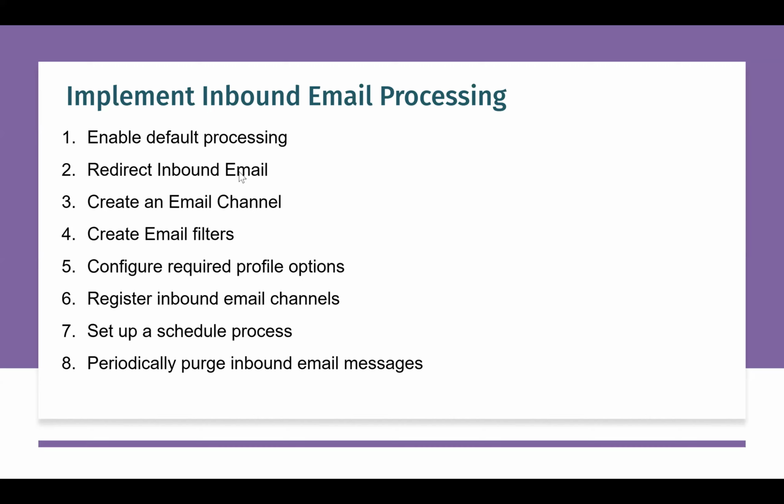And third, we need to check: create an email channel, then filters, then any required profile options, then register inbound email channels, set up scheduling of the inbound email process, and then periodically purge the unwanted inbound email messages.